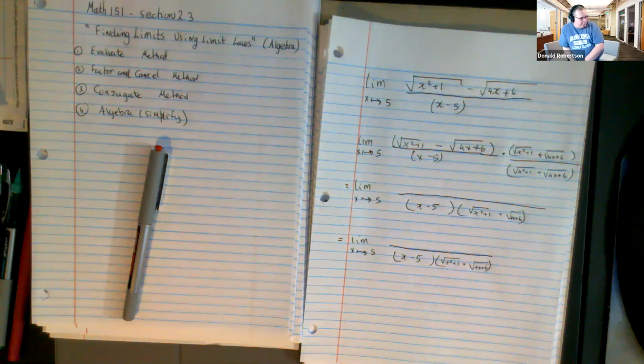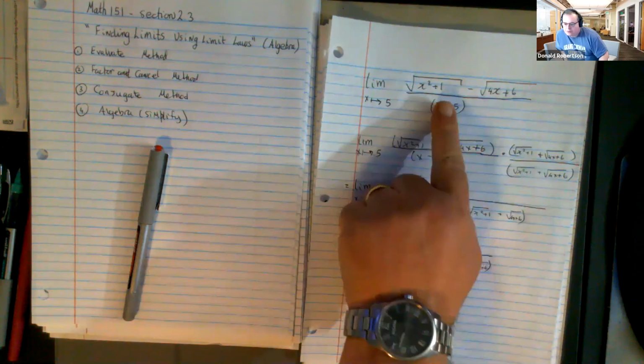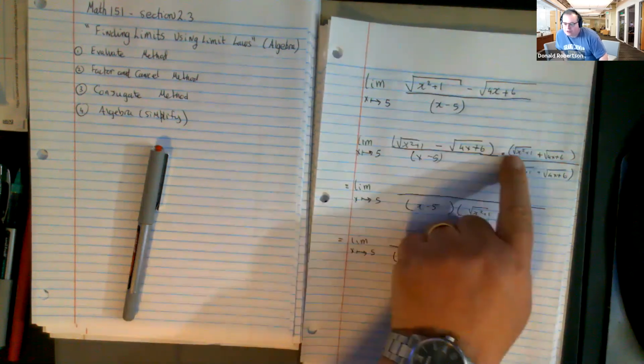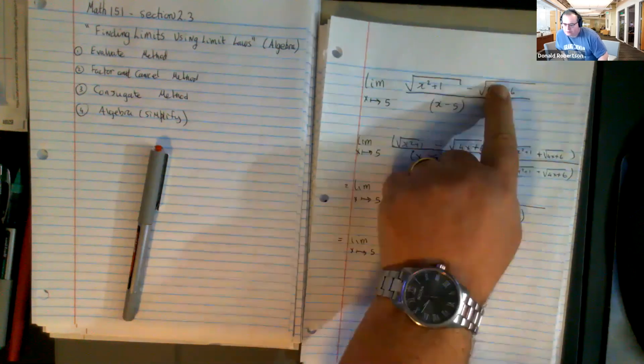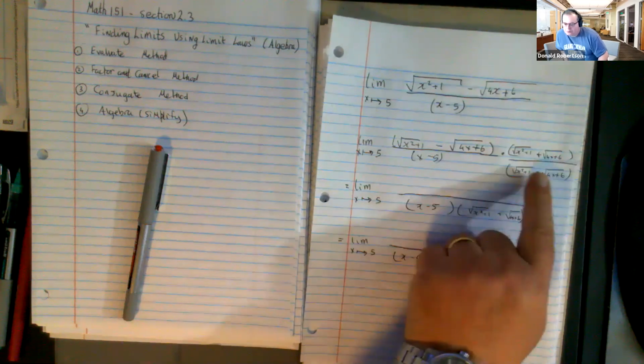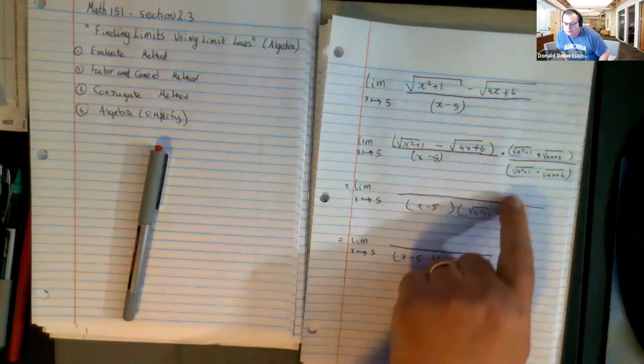Last few seconds coming up. Okay, let's get started. This is the original. The conjugate is going to be these two guys added. The bottom two terms, I'm just going to leave them alone.